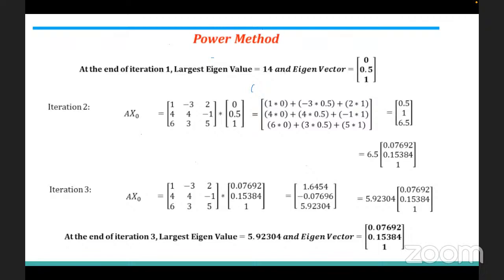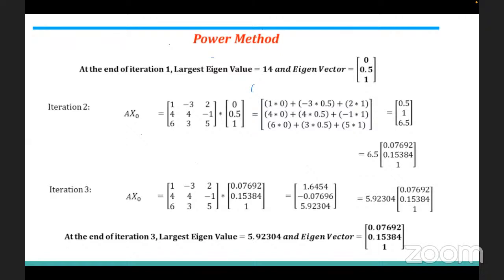Why did we stop here? Remember, we said AX must be equal to lambda X. It means that if I pick this eigenvector, the last one we are looking at here, 0.07692, and I multiply it by my matrix, there will be hardly any difference.